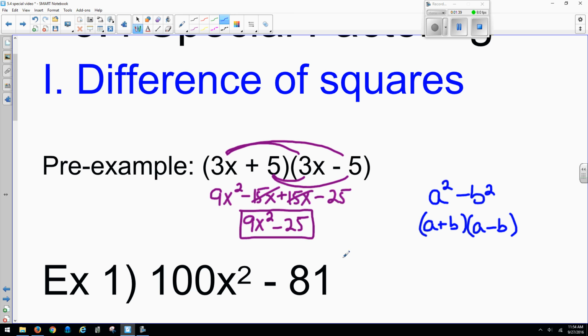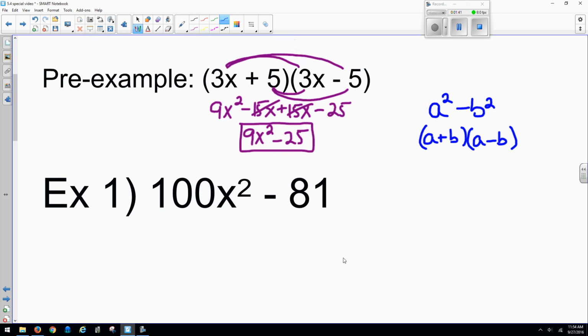So sometimes it's helpful just to figure out what a squared and b squared are and then find the square roots. So in this first example, a squared would actually be 100x squared, which would make a, if I'm taking the square root of both of these, a would be 10x.